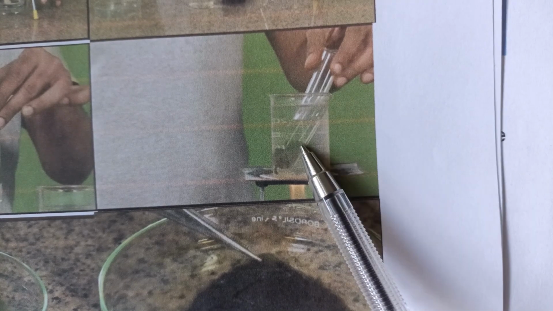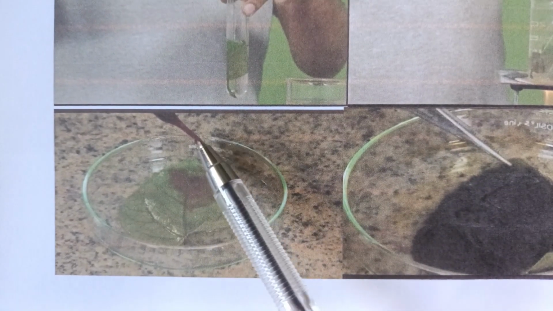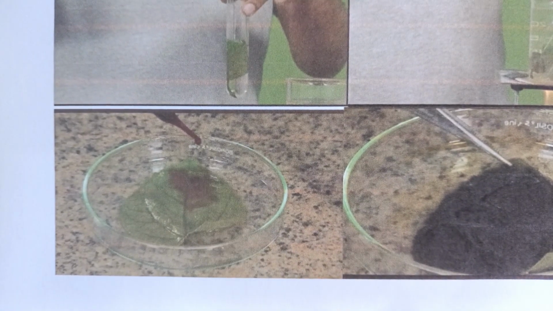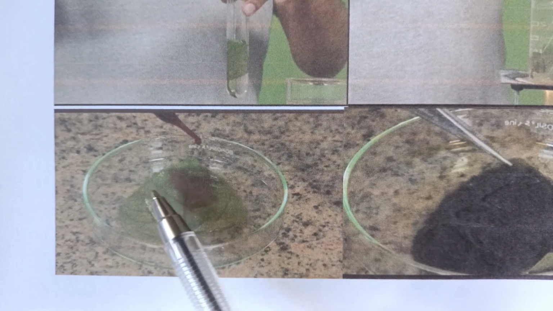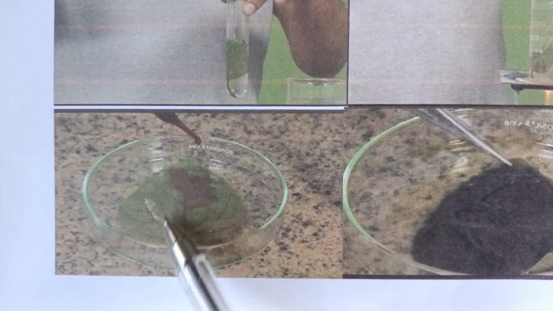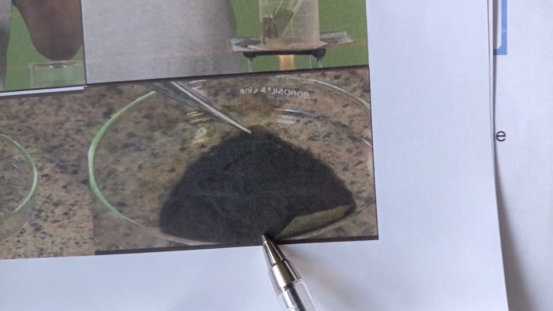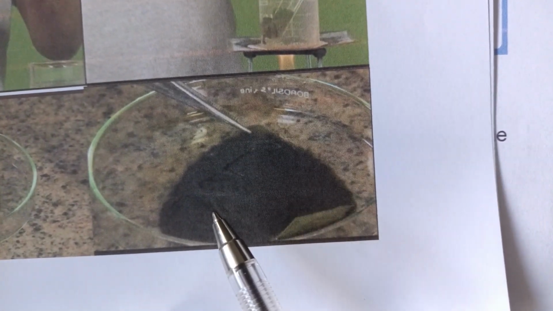Now once this is done, you take that leaf out and put it into the petri dish and pour a few drops of iodine on that leaf. Now remember, this leaf tissue has become very soft, so this iodine will get absorbed easily into this leaf, and the leaf will turn something like this.